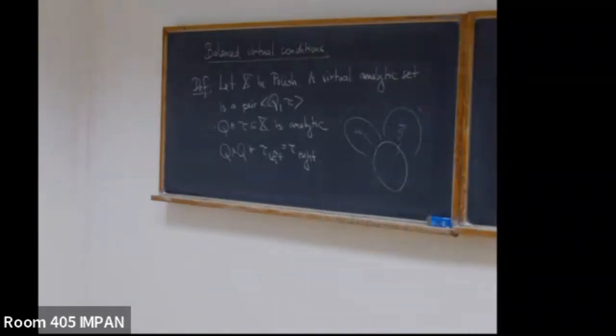A virtual condition, one possible, would be any map from R to 2, and you can view it as a virtual condition.